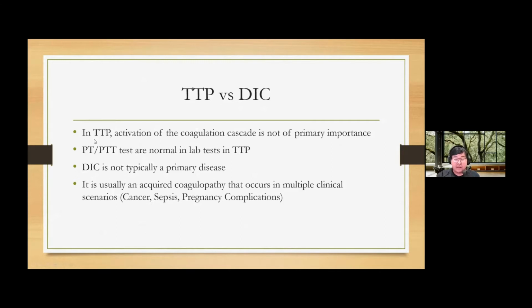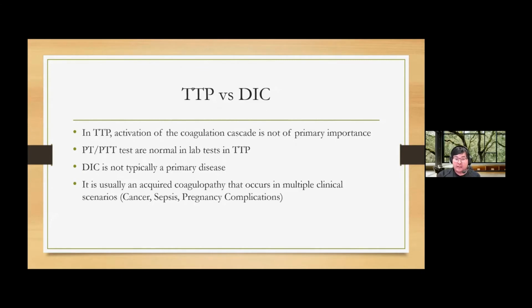We're not giving them fibrinogen because they're not missing fibrinogen. They're just missing the enzyme ADAMTS13, which is why we give them plasma. And PT and PTT tests are going to be normal in TTP, because again, we're not missing any coagulation factors.